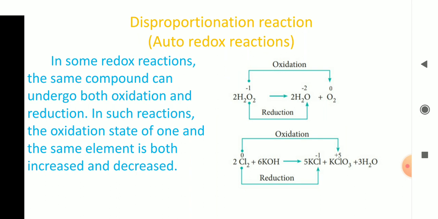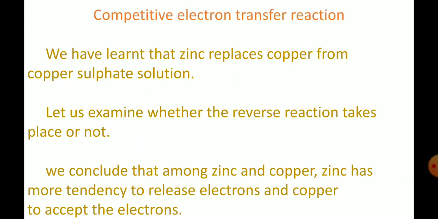Then finally, we have competitive electron transfer reaction. Okay, dear students, just now we have seen metal displacement reaction, the displacement of copper metal by zinc metal. Okay, but if we think of the reverse reaction, whether copper can displace zinc or not, it cannot displace.